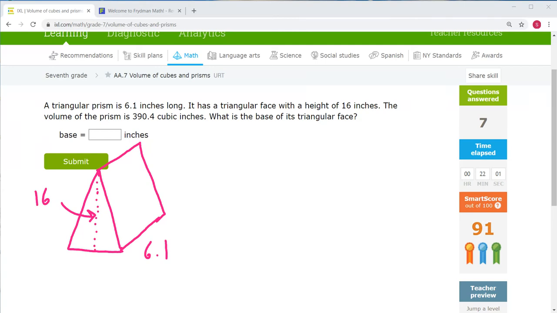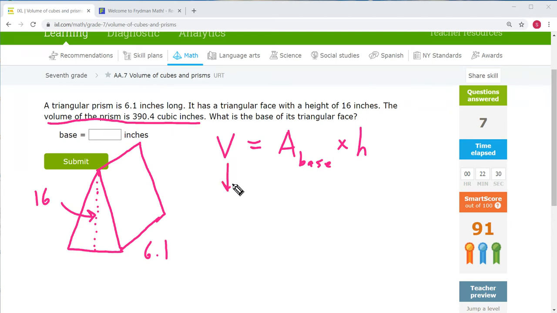And let's go ahead and write our formula again. So we have the volume is equal to the area of the base times the height. Okay, so let's plug in the numbers that we know. We know that the volume is 390.4 cubic inches.